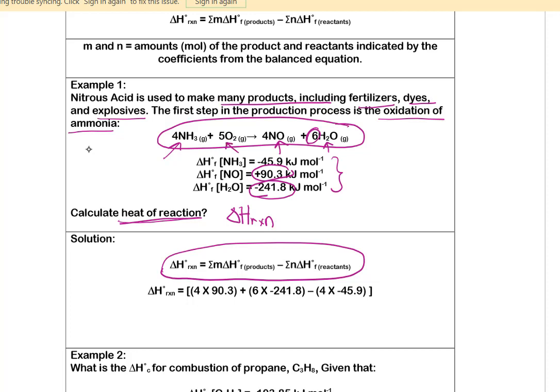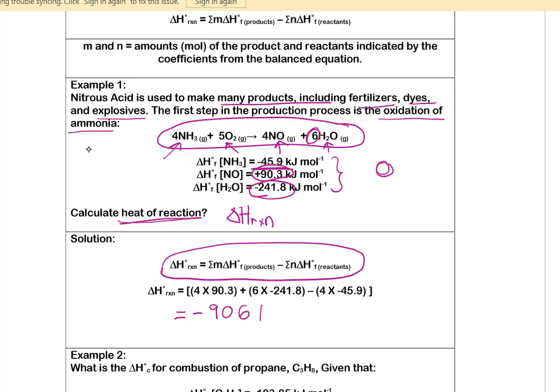So 4 multiplied by this value, and then we need to memorize that the enthalpy of formation for oxygen is 0 because oxygen is at its standard state. Okay, so the answer is negative 906.